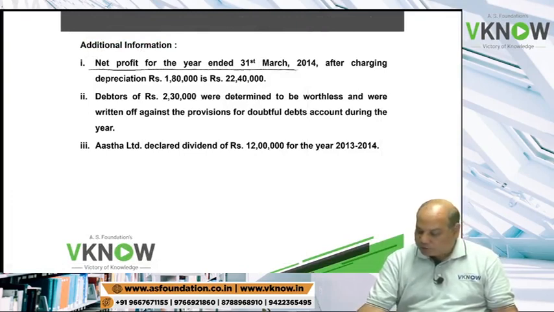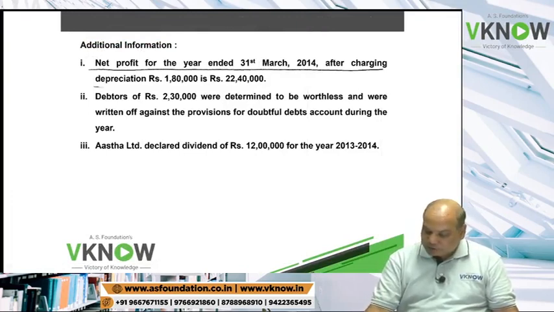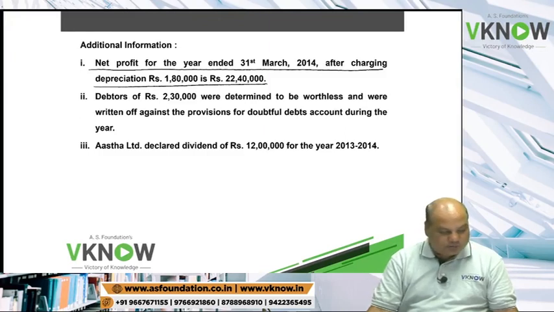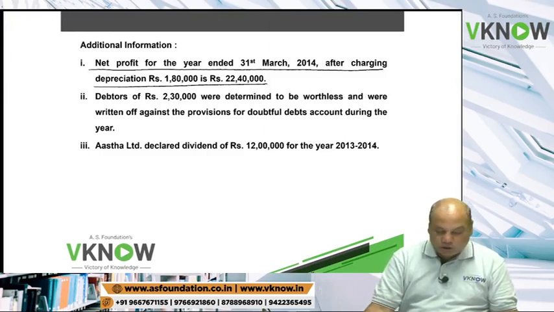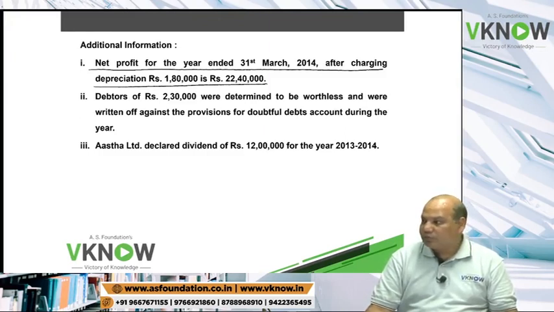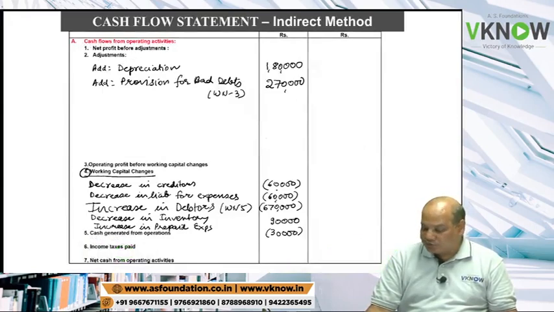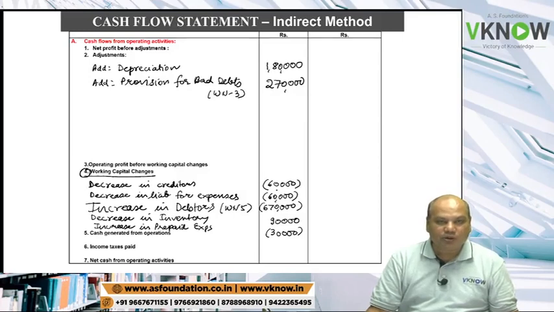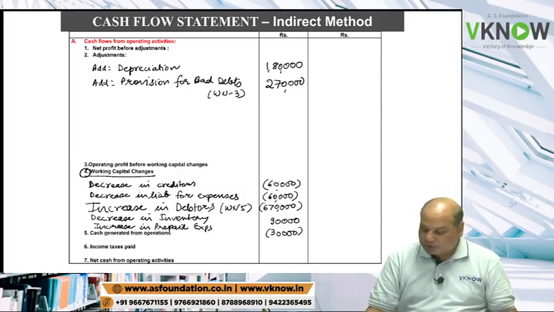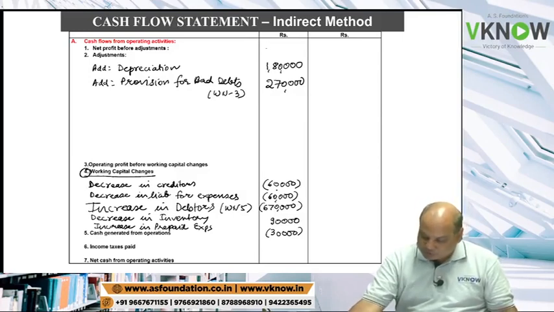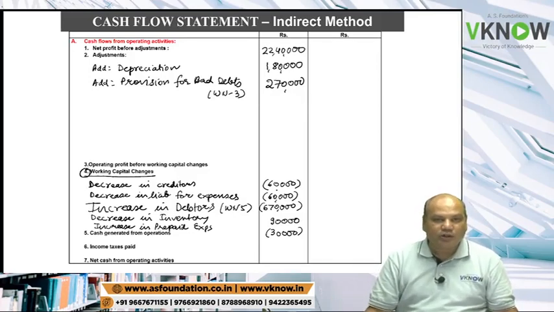What is your first adjustment? Net profit for the current year after charging depreciation is 22 lakh 40,000. So this I will write in cash flow statement point number 1. Net profit before adjustment. Current year profit we have to write, which is directly given 22 lakh 40,000.